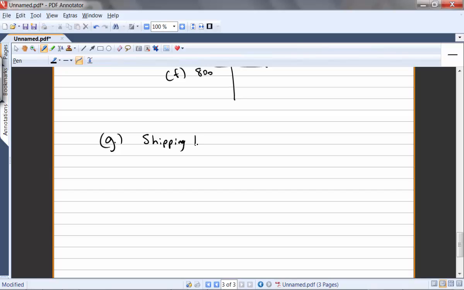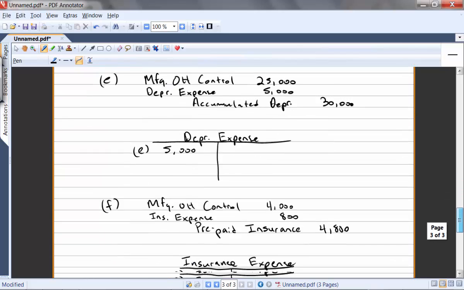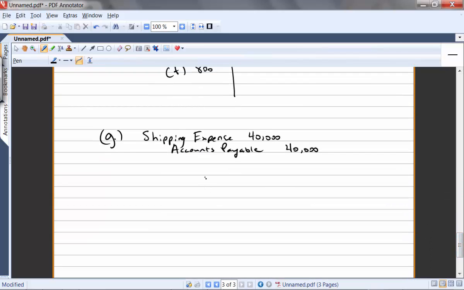So we'll debit shipping expense for $40,000, and we'll credit accounts payable. We incurred it, we hadn't paid it. So we have a liability, so we increased the liability. So we're going to create a new account here for shipping expense, which we didn't have.